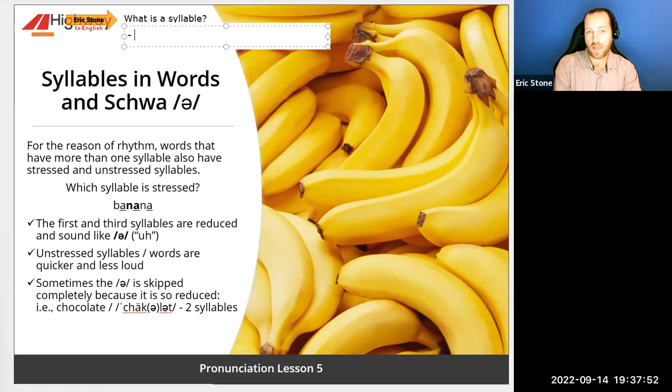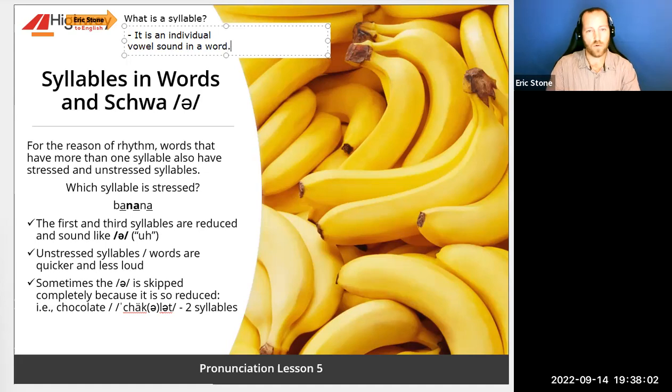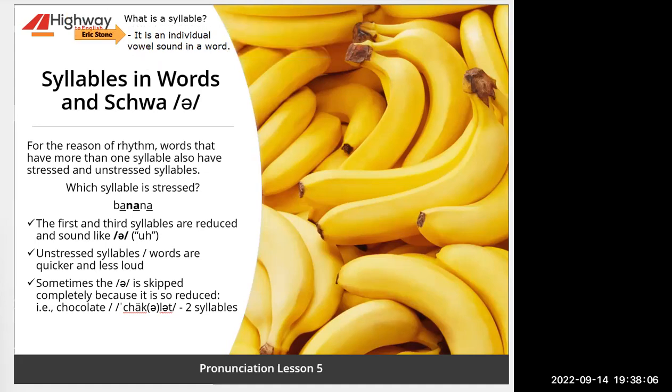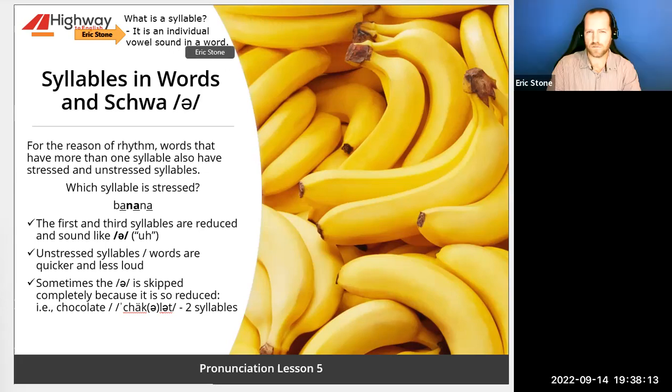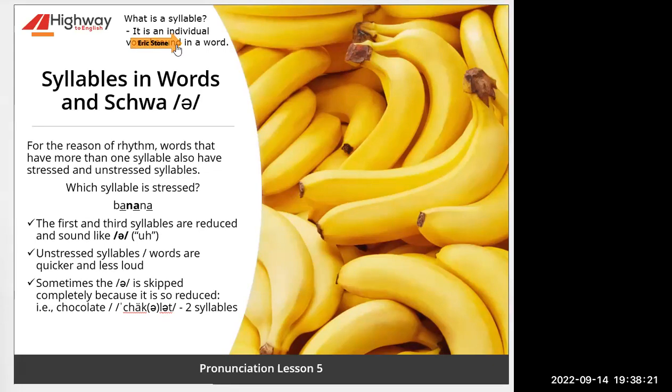The more accurate way to think about it is it is an individual vowel sound in a word. Please read, Zahur. It is an individual vowel sound in a word.